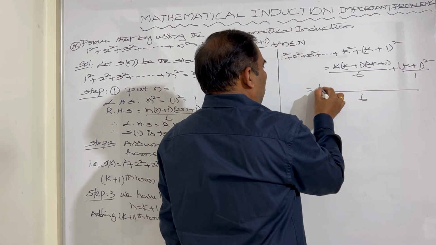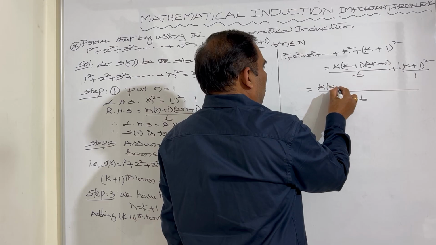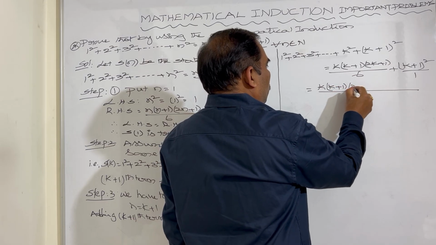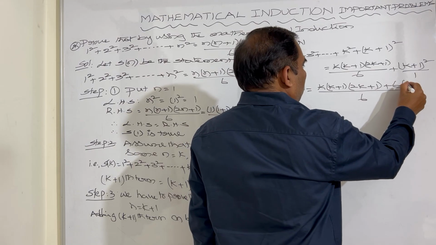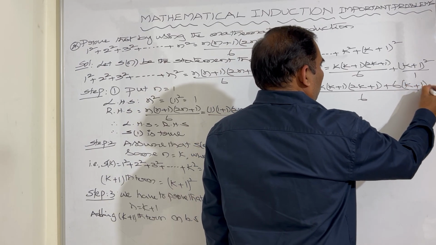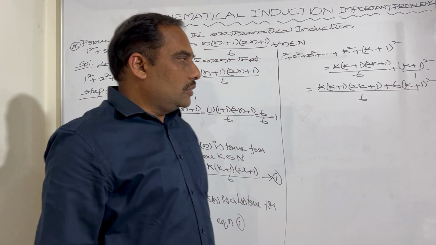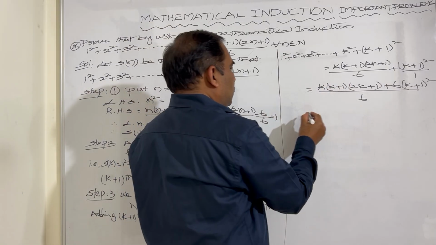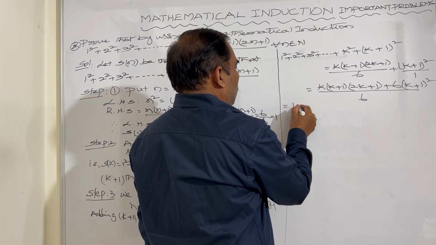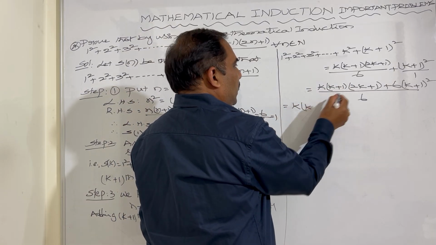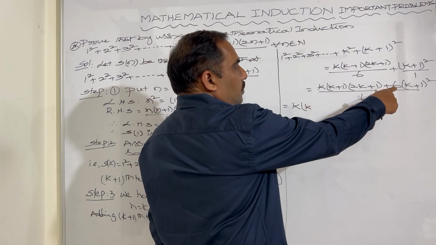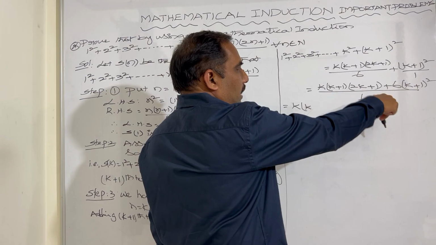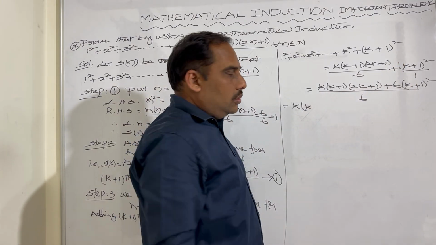So now we get k into k plus 1 into 2k plus 1 plus 6 into k plus 1 whole square. Now after taking the LCM, it becomes k into k plus 1 into 2k plus 1 plus 6 into k plus 1 whole square.